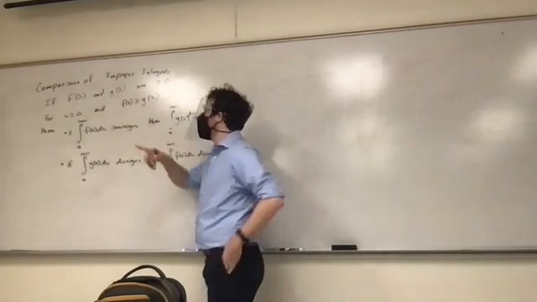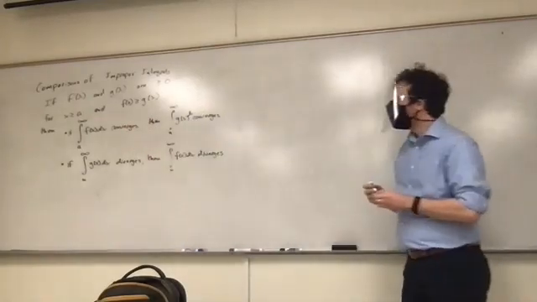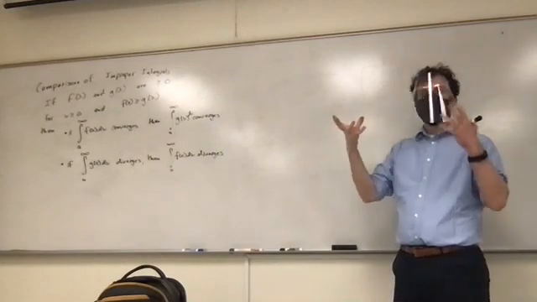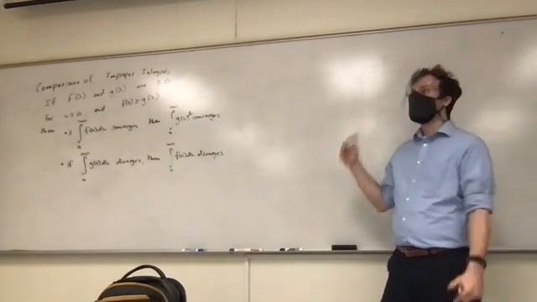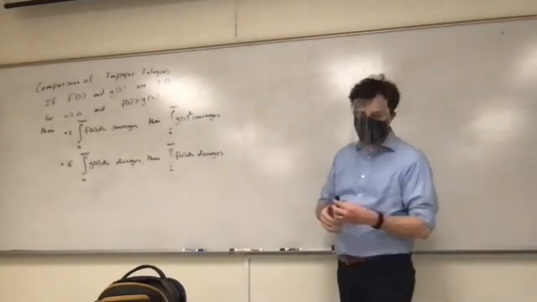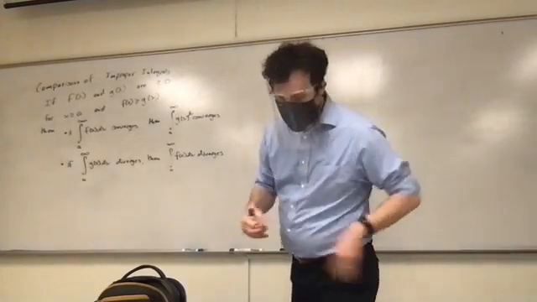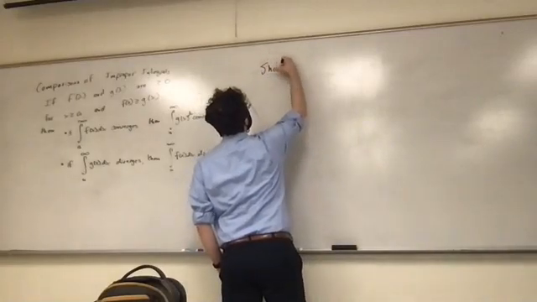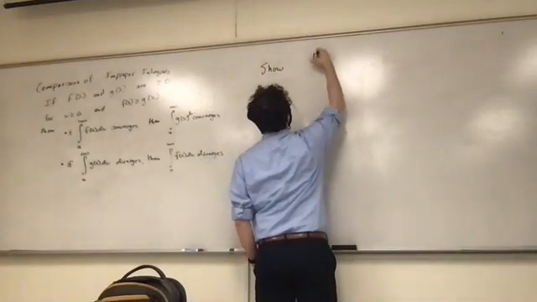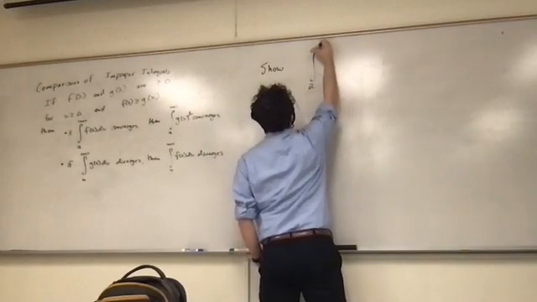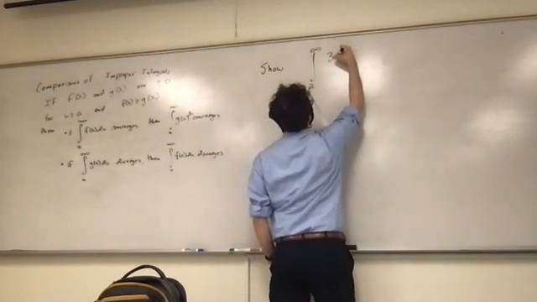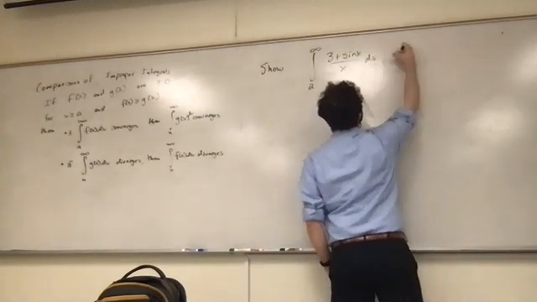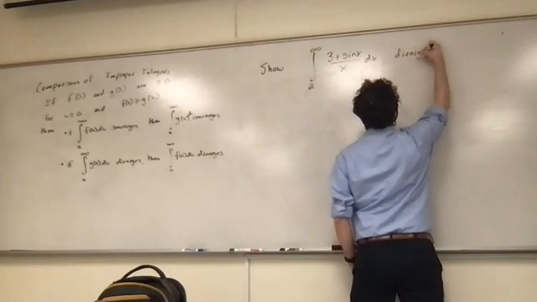And something like this can be really helpful if the integral you want to find is hard to actually do, but it looks like something that's really easy. So this would be really helpful in this case. Let's show the integral from 2 to infinity of (3 plus sine x) over x dx diverges.